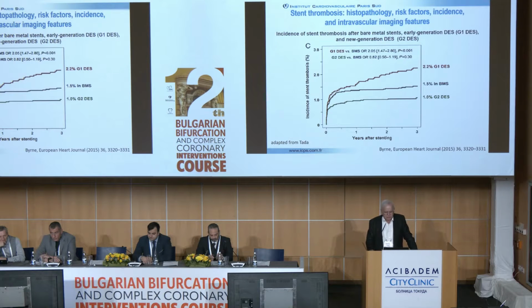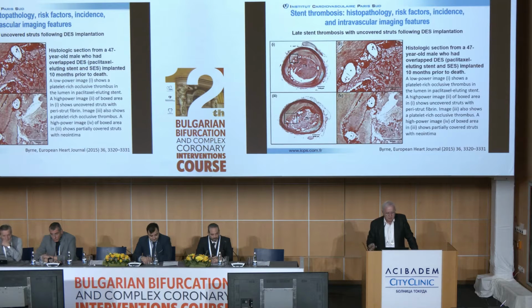And second generation DES seems to have corrected, at least partially, this problem. You can see that the incidence of stent thrombosis is lower than the BMS, and the permanence with the really minimal amount of long-term thrombosis. These are some explanations coming from autopsy.